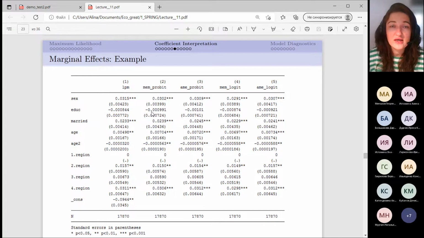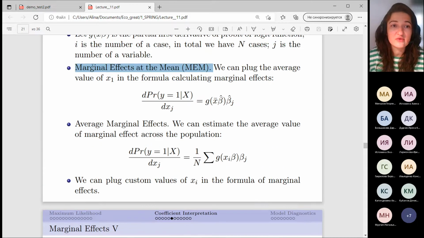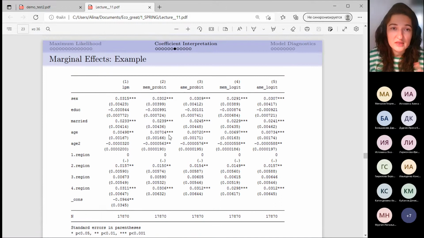Of course, you can estimate several marginal effects. For example, this one and this one, both of them, and compare the results in the same table, as in this example. You can compare the average marginal effect with the marginal effect at the mean values.